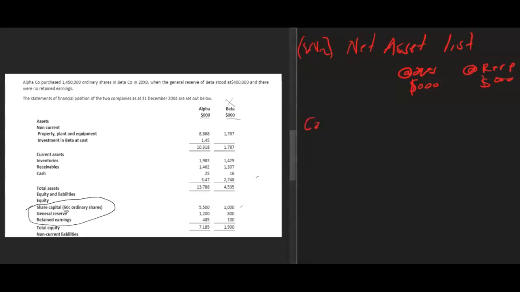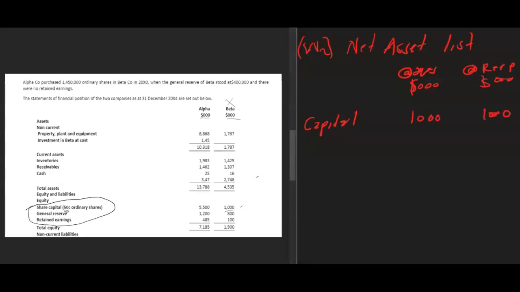So we have share capital. Share capital at reporting, and we haven't been told that there were any increase or disposal of shares. So we're going to get that as it is, 1000. Remember we're getting for the subsidiary.